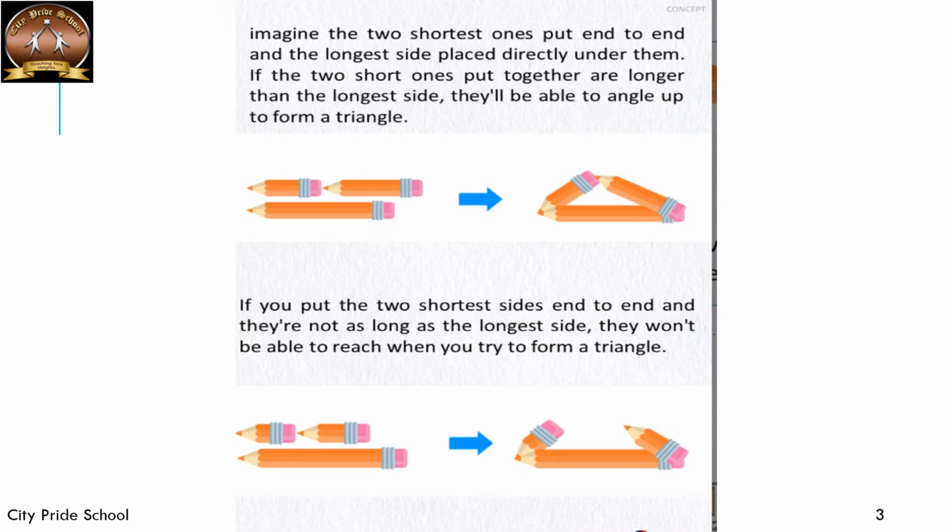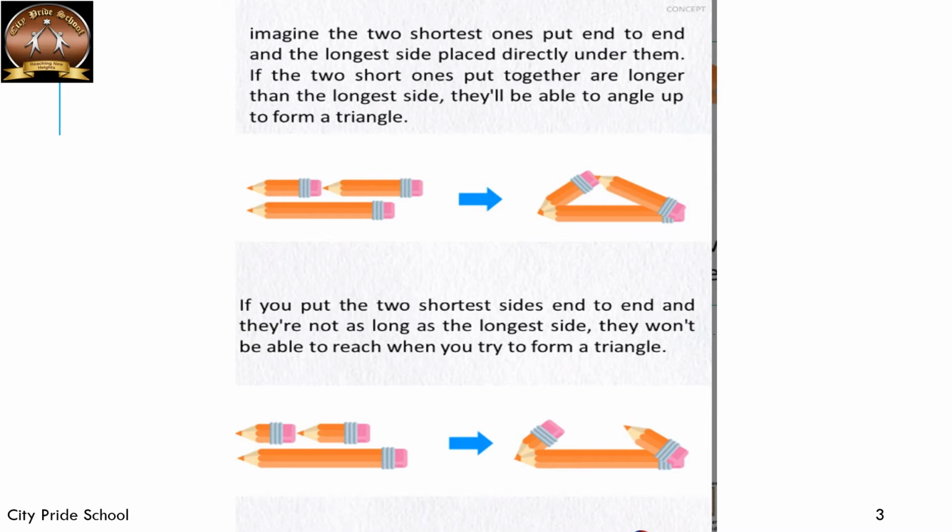See the first diagram. What do you observe in the first figure? If you add the lengths of the two shortest sides and that addition is greater than the third side, that means they are forming a triangle. Got the point? Now observe the second figure.